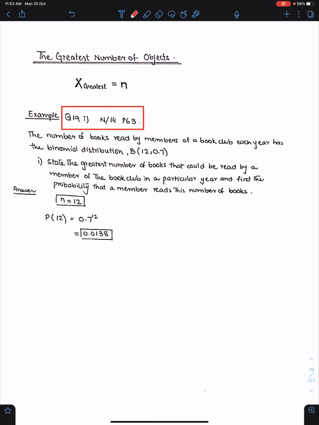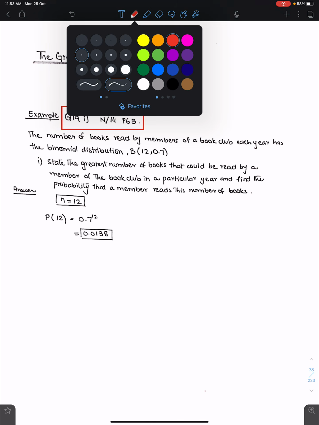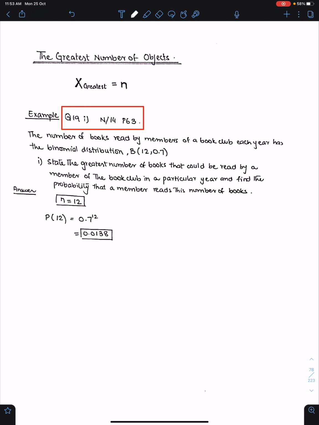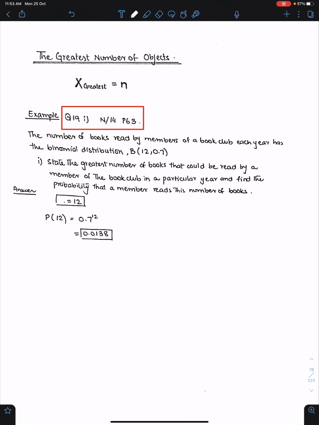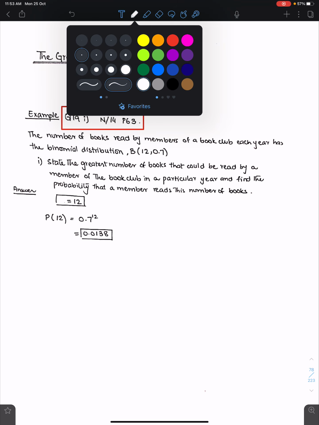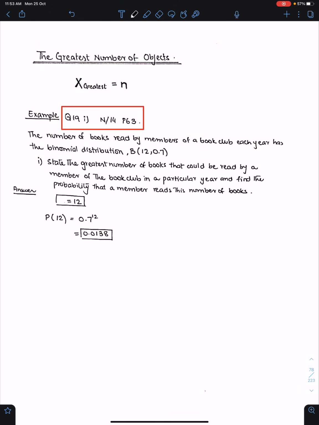You can write this answer in this way. X is 12. The greatest number of books is 12. And the probability of this number will be p to the power 12, because this means all.